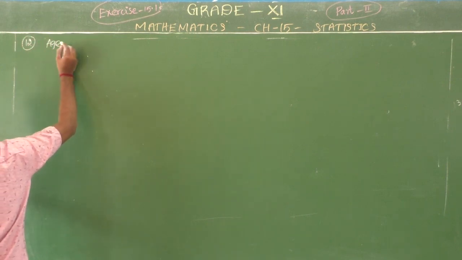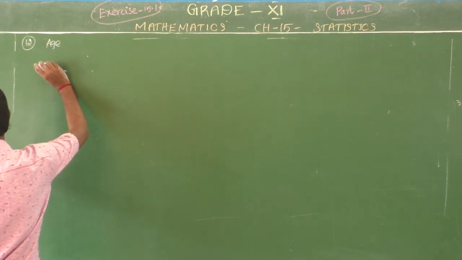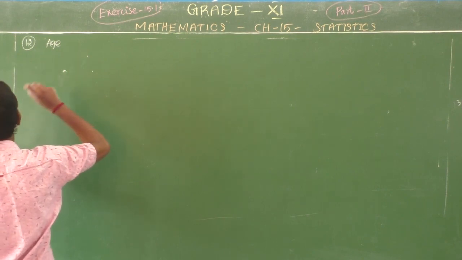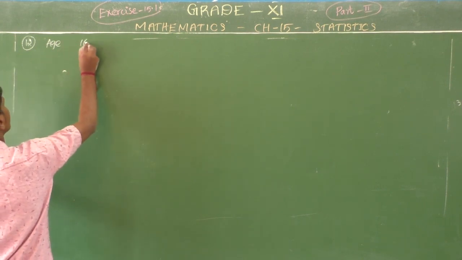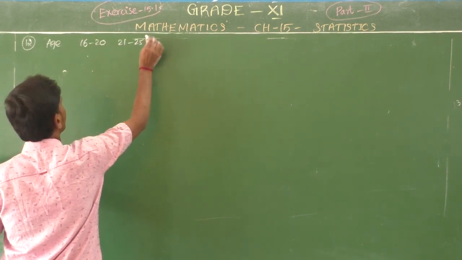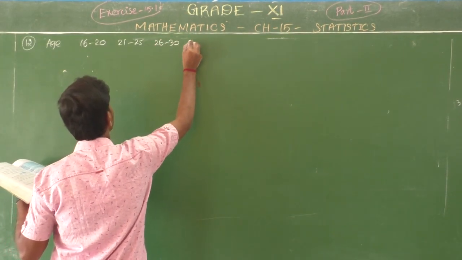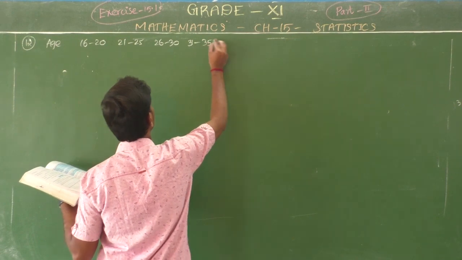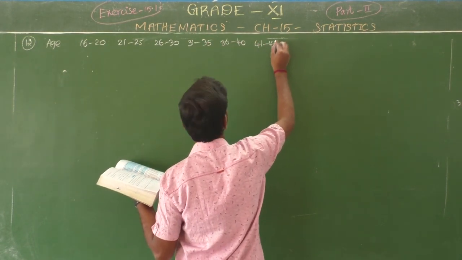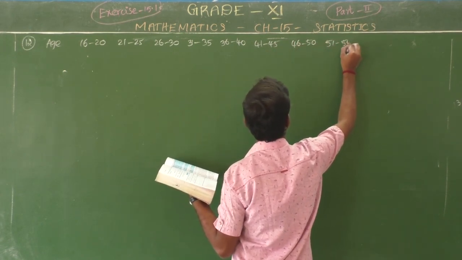What is given? First I am going to read the question. Calculate the mean deviation about median age for the age distribution of 100 persons given below. Age in years is given: 16 to 20, 21 to 25, 26 to 30, 31 to 35, 36 to 40, 41 to 45, 46 to 50, 51 to 55.